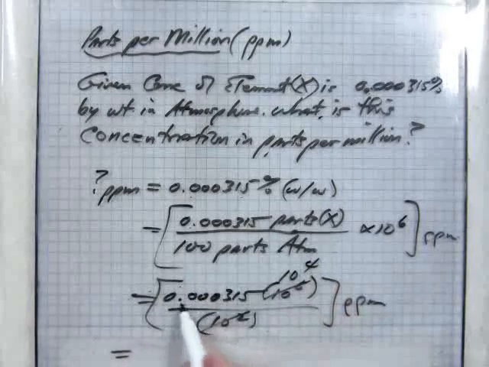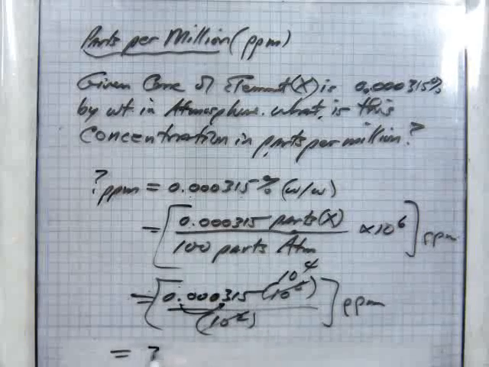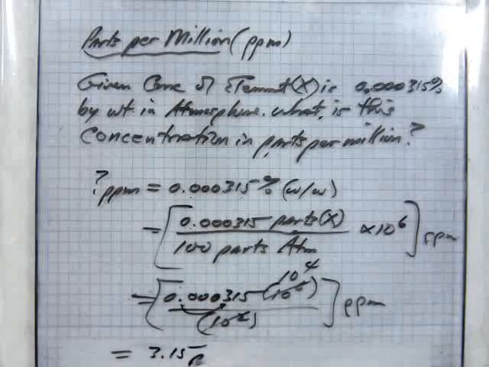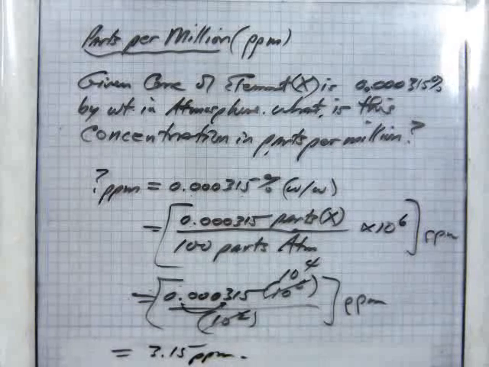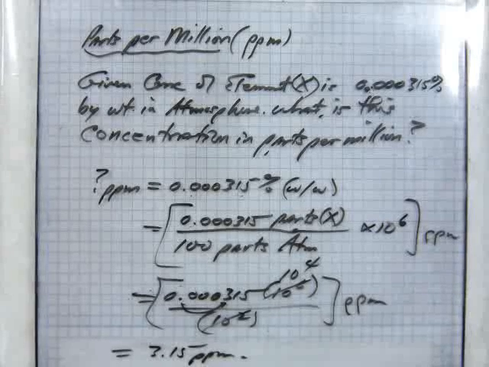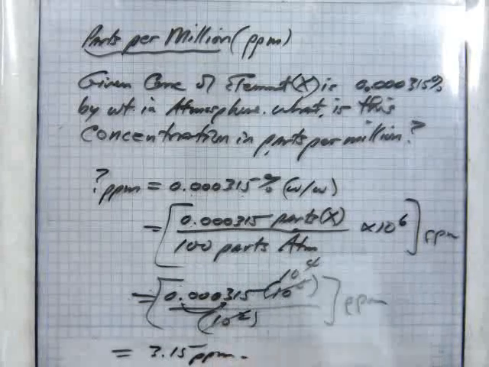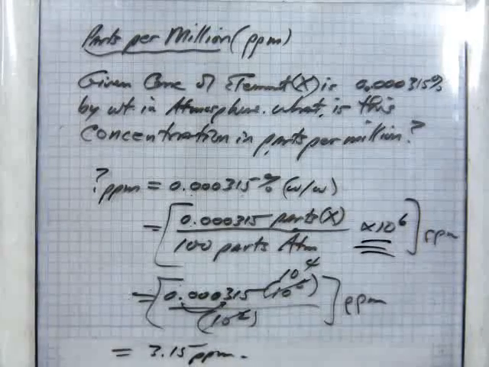And then we'll move this to right there, 10 to the minus 4. So that'd be 3.15 parts per million when everything's said and done. And you can punch all that in your calculator if you want to. That's the same thing, if you're interpreting percentage and then multiplying times a million. Okay?